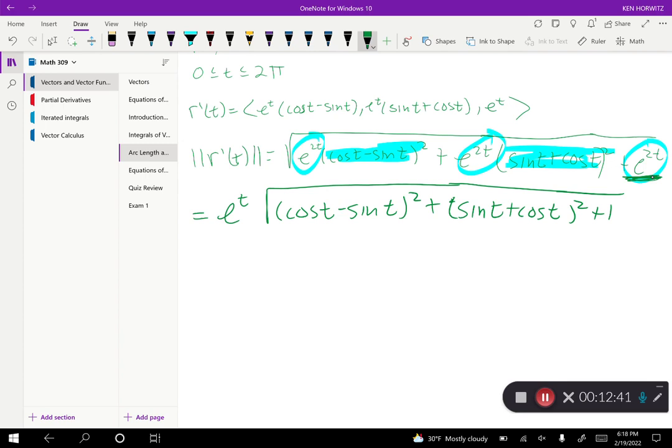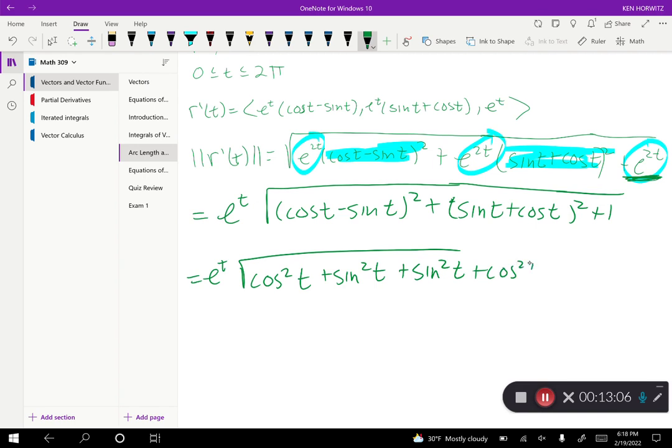All right, so again, we have e to the t, and then underneath, not only did I expand and FOIL, but I simplified just a little bit. So I wound up with cosine squared t plus sine squared t plus sine squared t plus cosine squared t, and then that plus 1 just comes along for the ride.